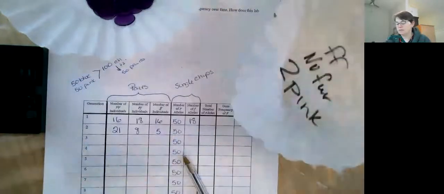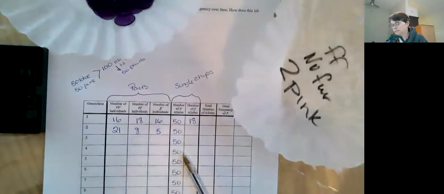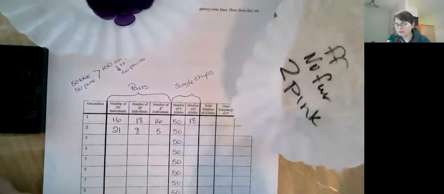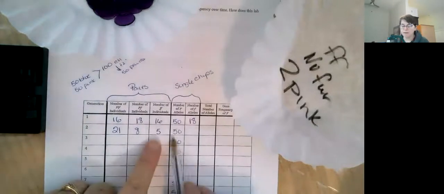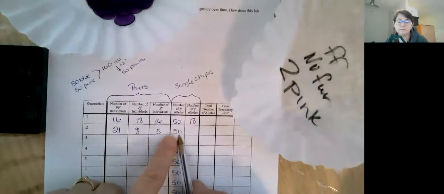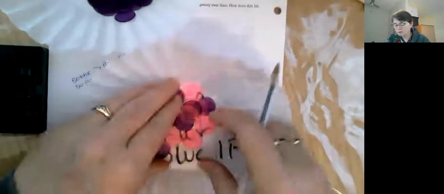The furless bunnies die off. And now we do our count. Remember, furless bunnies die, then you do the count. I know that there's 50 blue chips because we haven't taken any away. So really all we have to do is count the pink ones out of here.